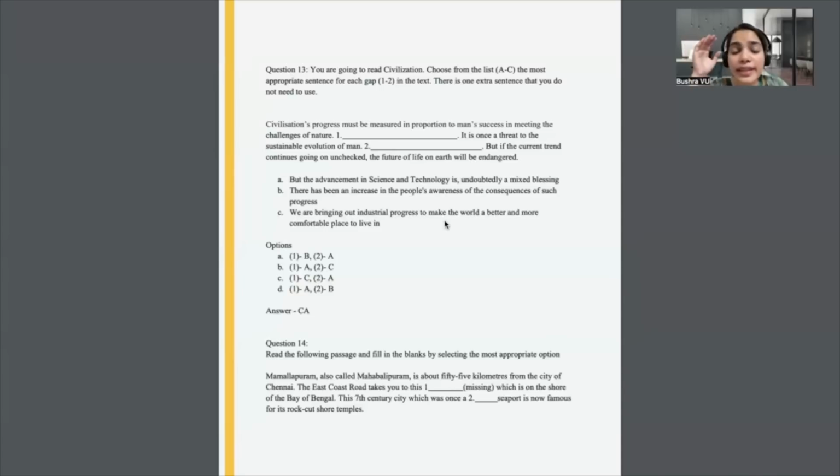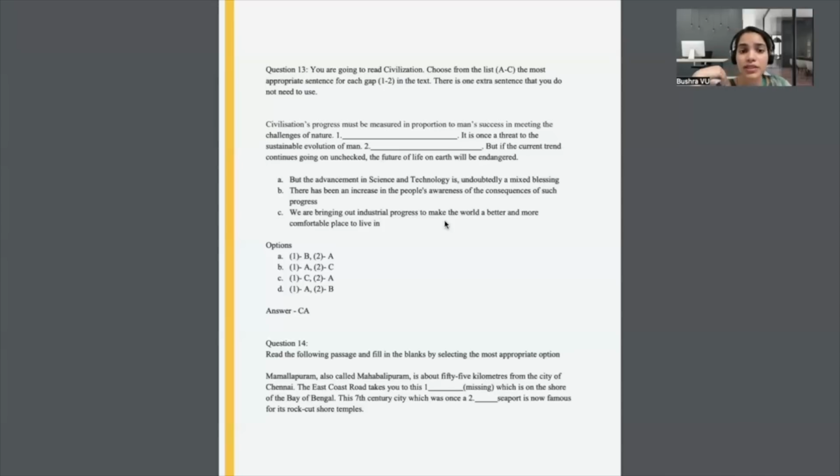It is at once a threat to the sustainable evolution of man, but if the current trend continues going on unchecked, the future of life on Earth will be endangered. So here it's talking about a problem. If it goes on unchecked, then the life on Earth will be endangered.